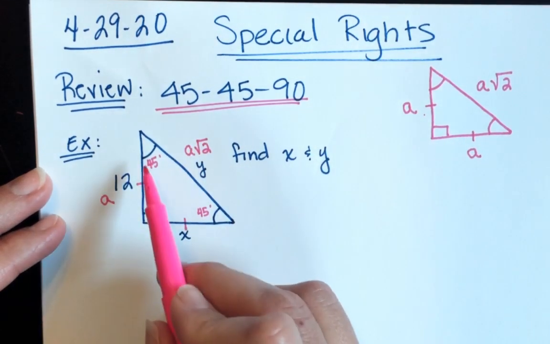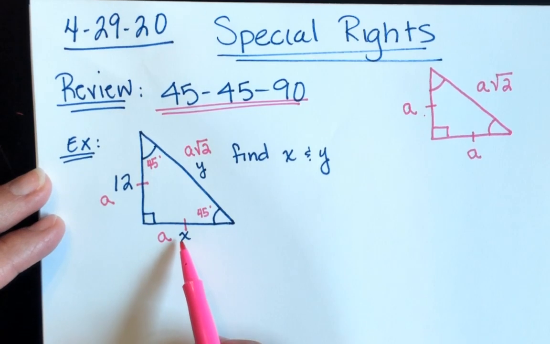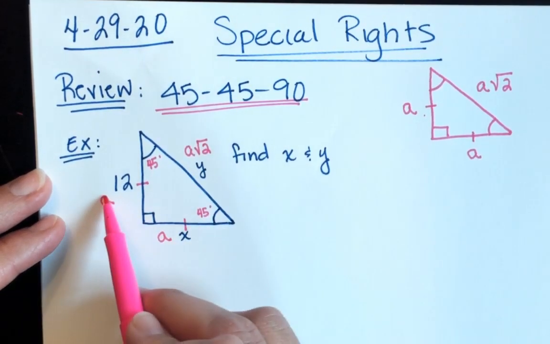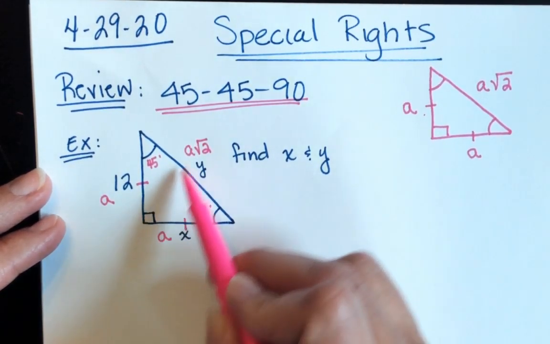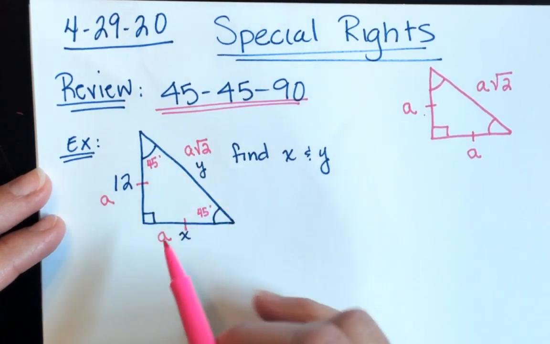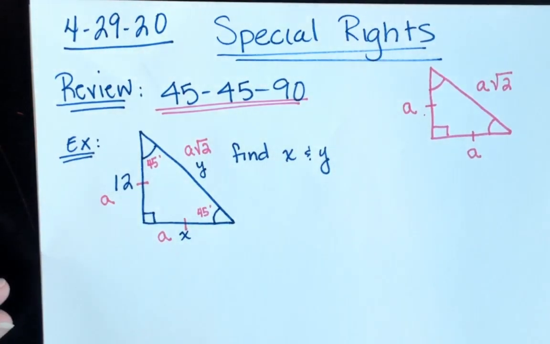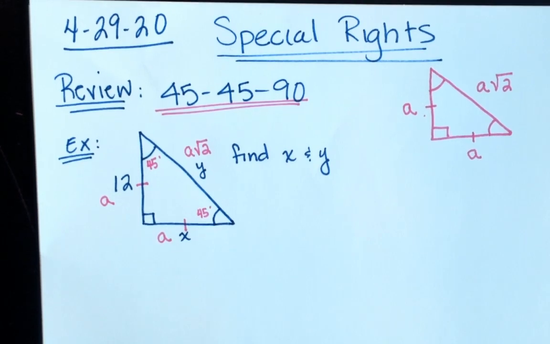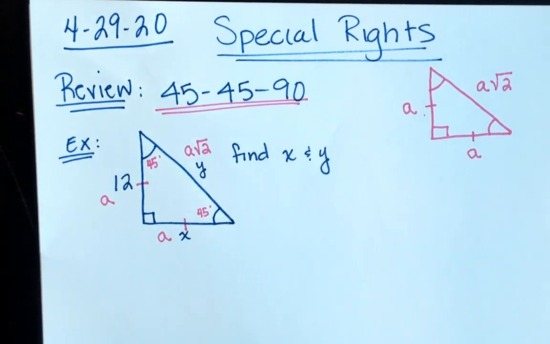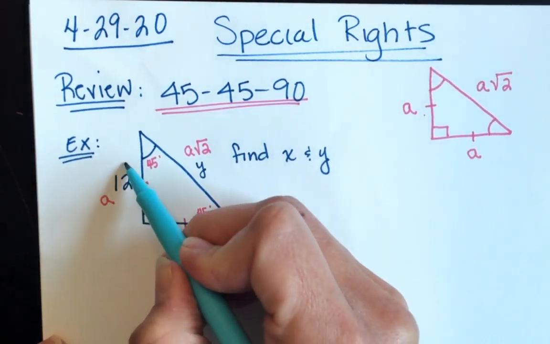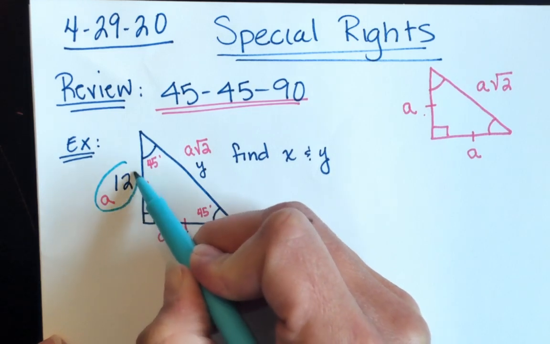Notice each time I do this, I find the angle and I go opposite. I find the angle and I go opposite. So I am physically showing how I'm going to label this according to where my angles are and what side is opposite. The next step that I want to do is I want to figure out what side has my formula and what side has the value.